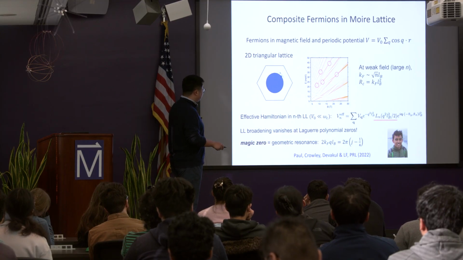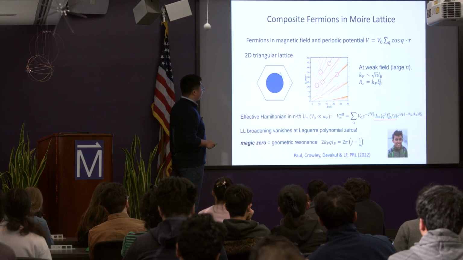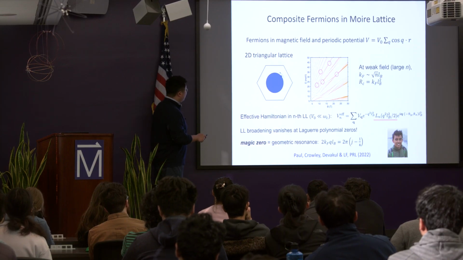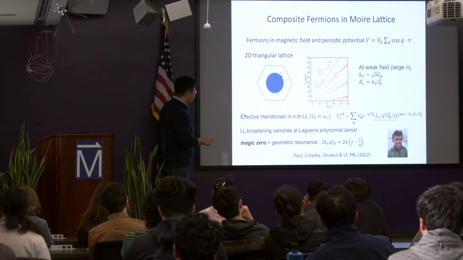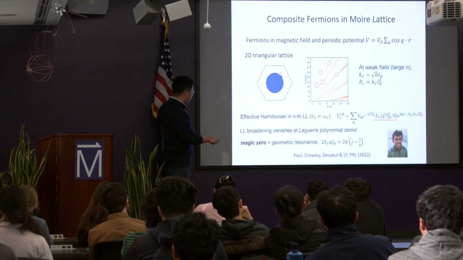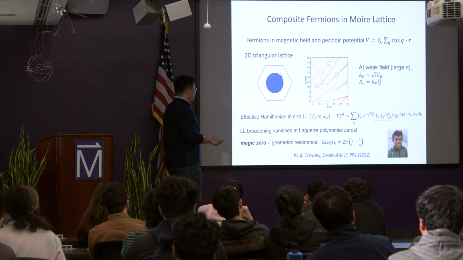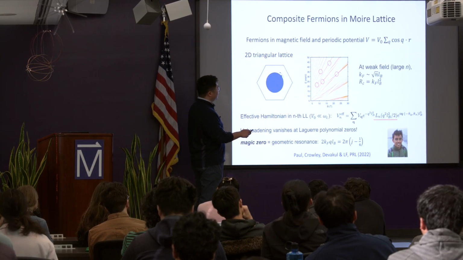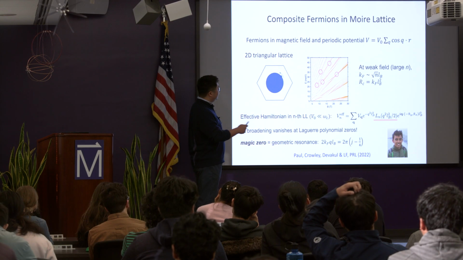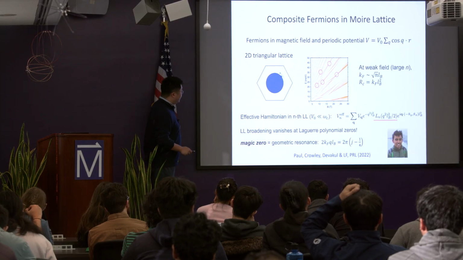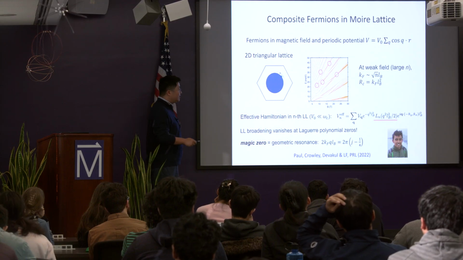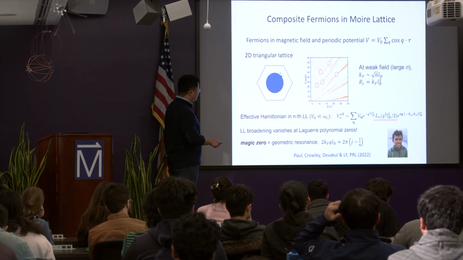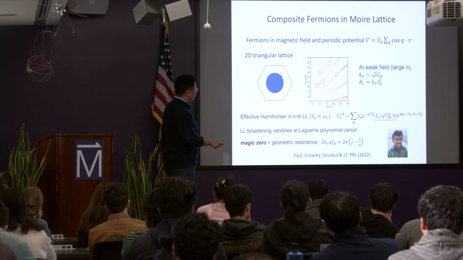What these authors found is that one can understand this whole geometric resonance in the following way. Suppose we take the limit where the periodic potential is much smaller than the cyclotron energy. Then the effect of the periodic potential can be understood by projecting the potential into the nth Landau level. For example, if you have a potential which is a sum of cosine q dot r, where q is the reciprocal vector, this is a bare potential, but when V is small compared to the cyclotron energy, one can project this V into the Landau level subspace, and this derives the effective Hamiltonian.